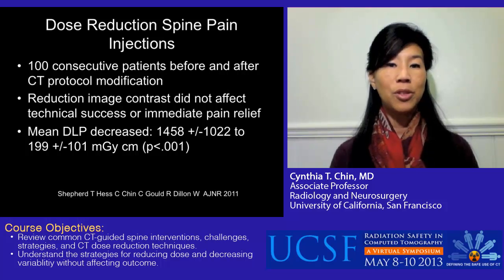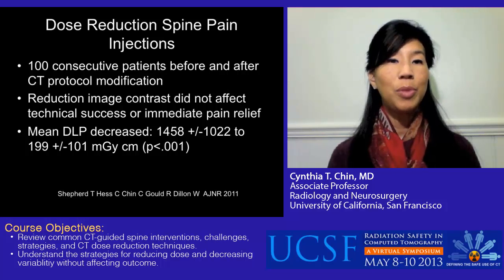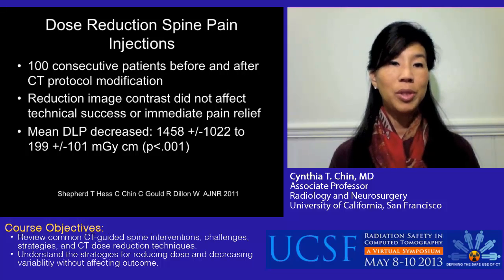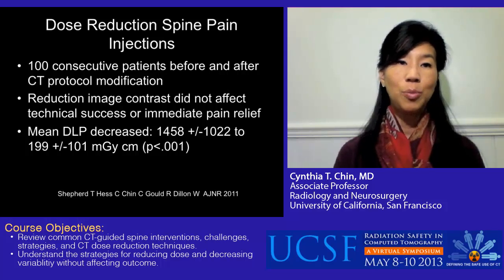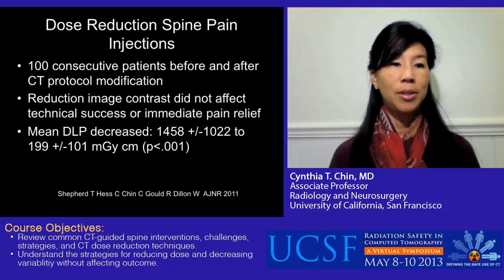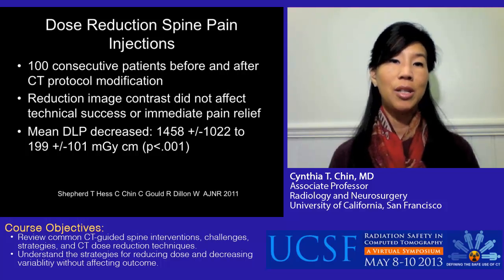collected information for the first 50 patients that followed implementation of these changes and compared it to 50 patients who had procedures done before implementation of these three simple strategies.